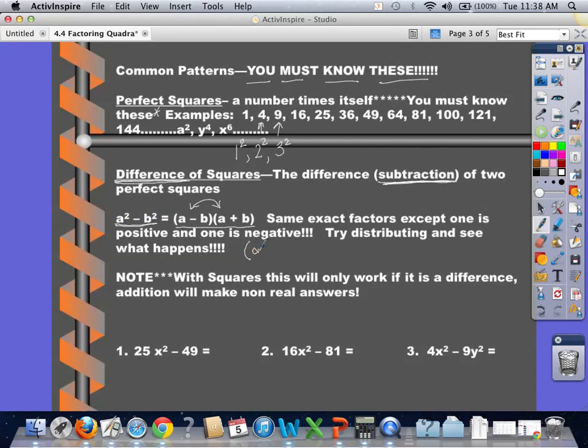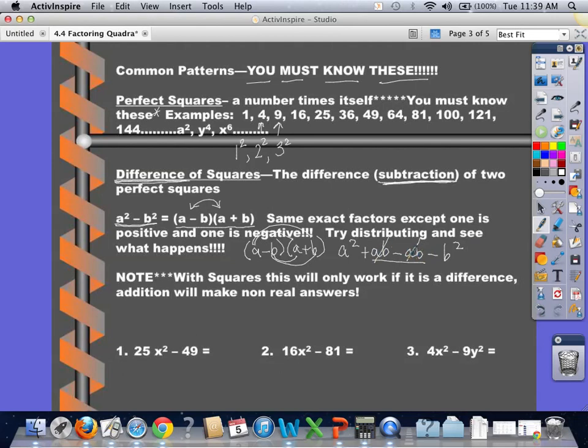Let's do that. a minus b, a plus b. Okay, when you distribute, you get a squared, ab, negative ab, and then you're going to get a negative b squared. Well, what happens right here is those cancel.